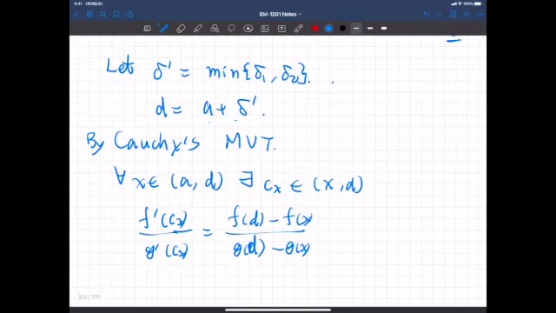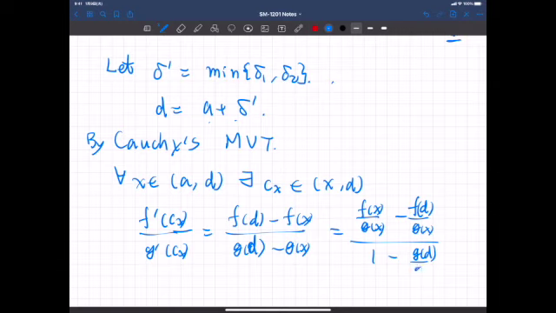Okay, if we divide both numerator and denominator by g of x, and f of d, we get 1 minus g of d over g of x.